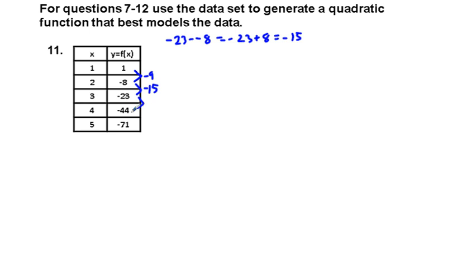And then we're going to have negative 44 minus negative 23. That's going to be negative 21. And the last one here, we're going to have negative 71 minus negative 44. That's going to be negative 27. So these will be our first differences.